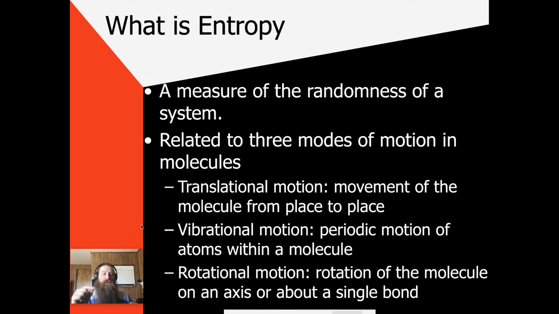Vibrational motion is where the atoms themselves are moving in place, vibrating back and forth. And rotational motion is when, let's say we have a water molecule, and it's rotating about an axis. My two hydrogens are side to side, and now they're pointing right at you, something like that.